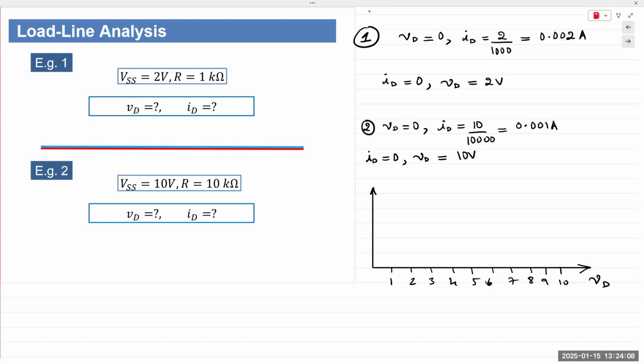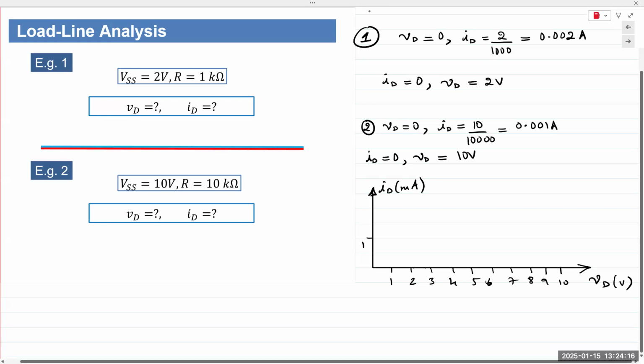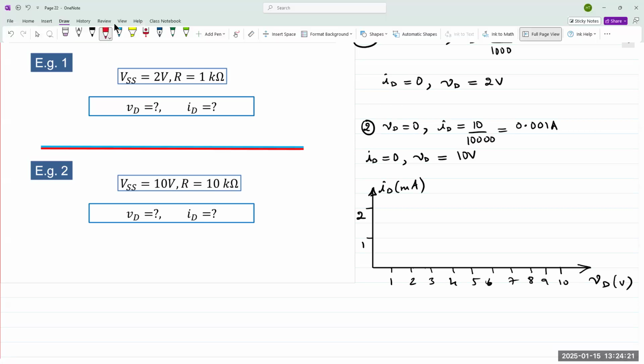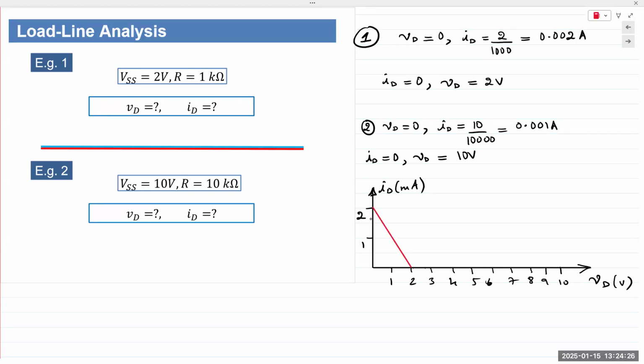That's diode voltage. That's diode current in milliamps. Diode voltage is in volts. 1 and 2. Line for the first one. 2. 10. Example 1. Example 2.